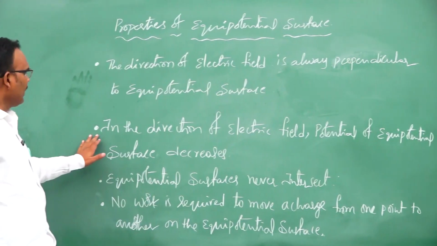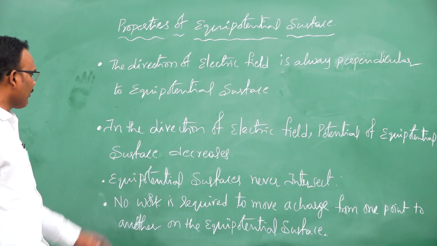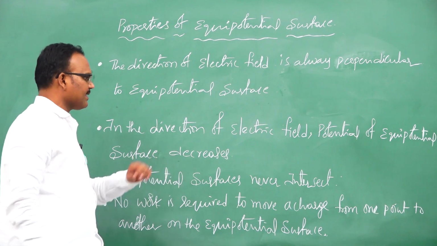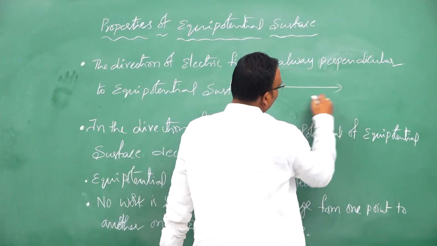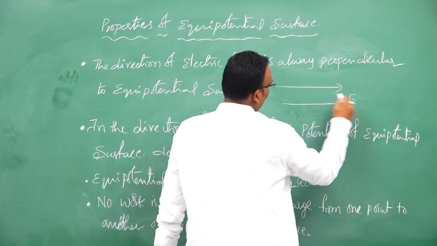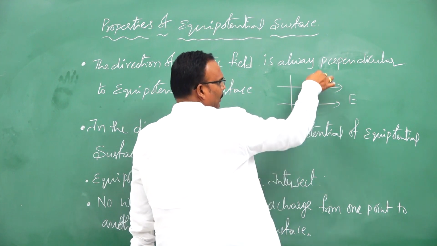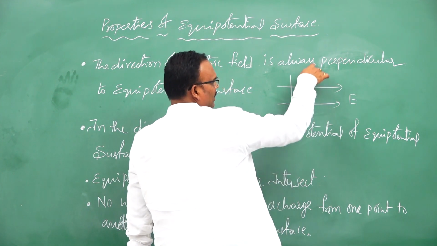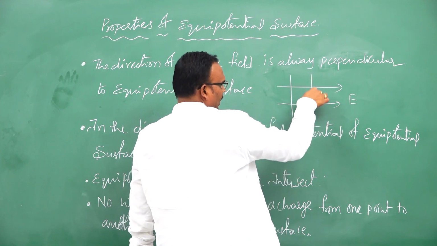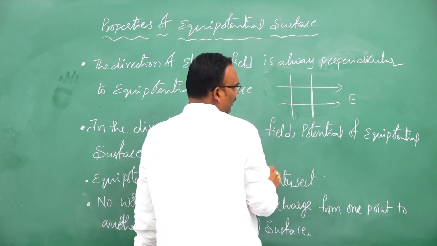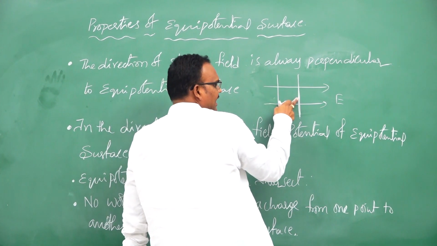Second point, in the direction of electric field, potential of equipotential surface decreases. That means in case of uniform electric field, equipotential surfaces are planes perpendicular to the electric field. It satisfies the first property. And next one, in the direction of electric field, potential of equipotential surfaces decreases.